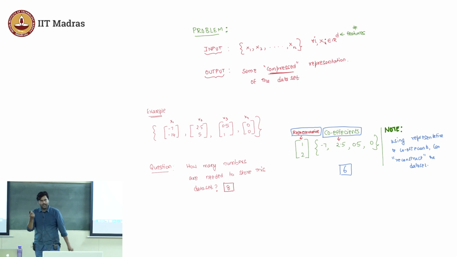Okay, so what he is saying is you don't need to store everything, you just need to store the first coordinate, and if you know how the second coordinate is related to the first, which is just a multiple by 2, then I will just give you the first coordinates and the number 2.